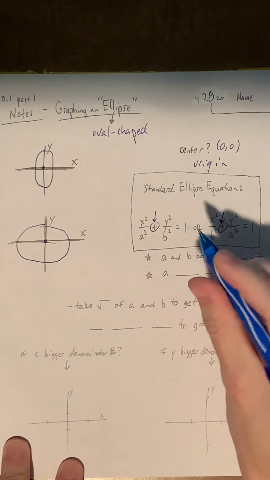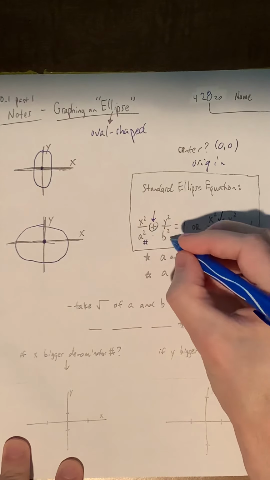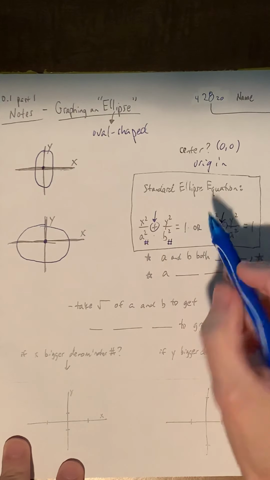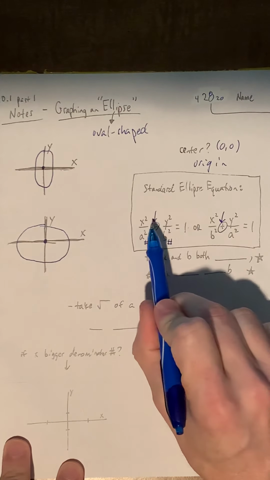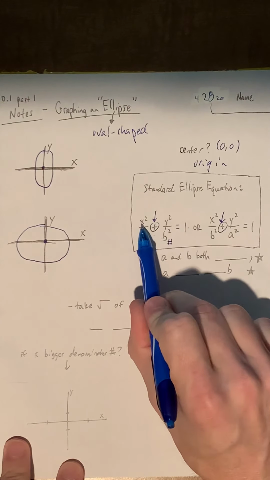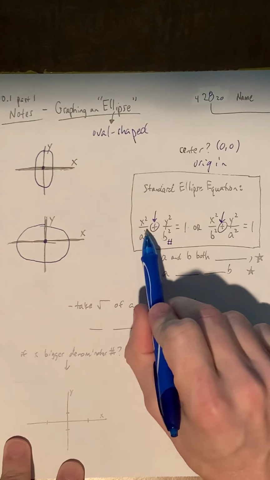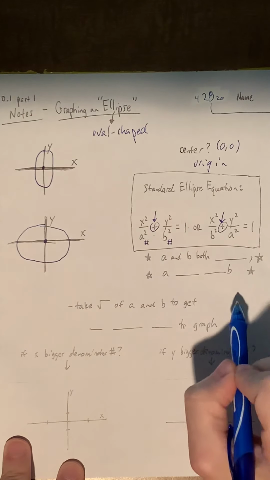A and B are going to actually be numbers, okay? So these are going to be numbers, not the variables A and B, but you will have the variables x and y. So in the numerator of each fraction, you're going to have an x squared or a y squared. You're going to have that. And the denominator is going to be a number, okay?